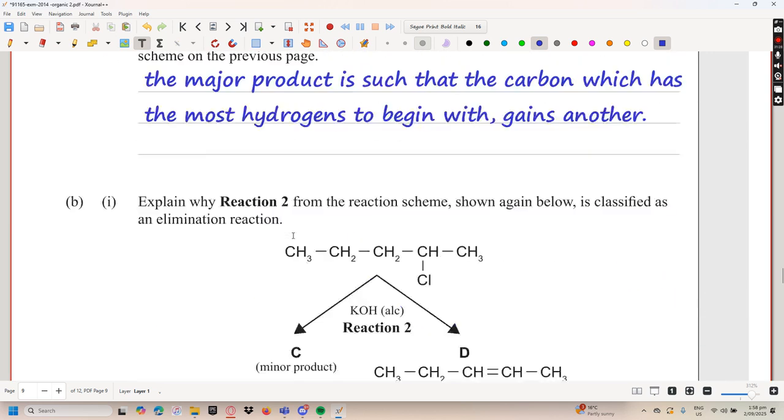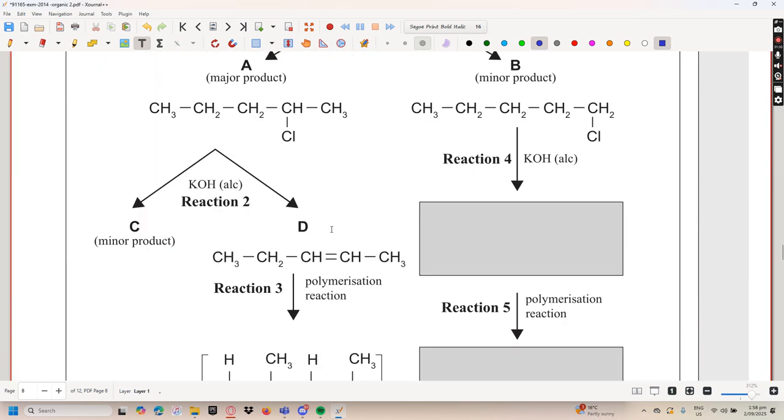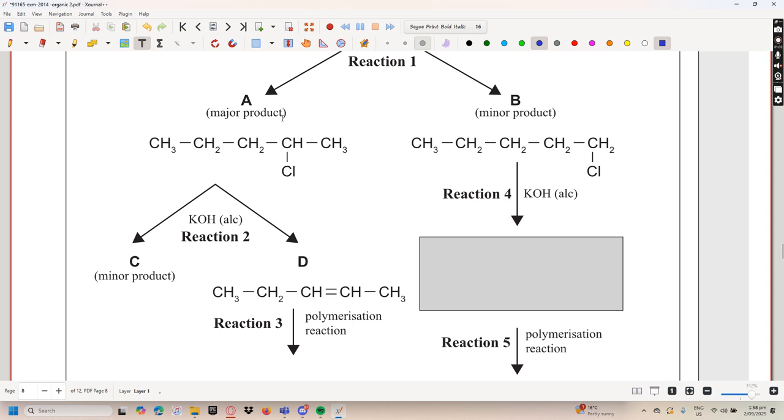Asking for the structural formula. Okay, let's put it. Reaction 4. So let's draw it up here as well. We got alcoholic potassium hydroxide sitting on this guy here.